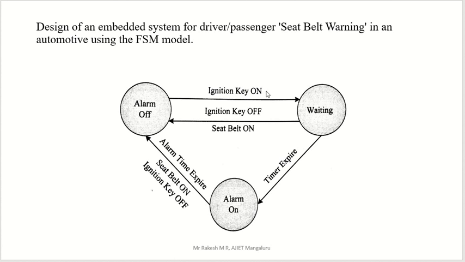At that time it takes some time, that means there is a timer and the timer is on. Once your ignition is on, the timer is also on, and it will take some time, that is called waiting.